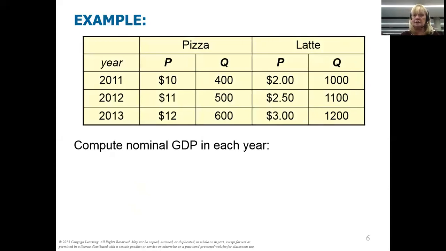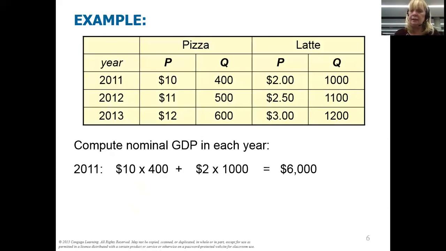So for 2011, pizzas sold for $10 each, and we produced 400 of them. And lattes sold for $2 each, and we produced 1,000 of them. So our total GDP was $4,000 plus $2,000, or $6,000. Let's try 2012.